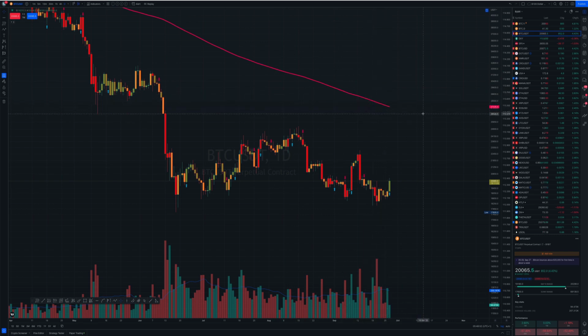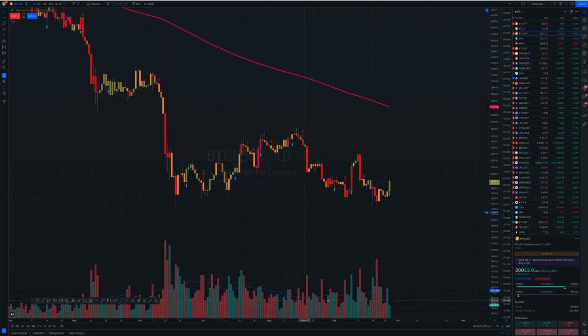Now the candles themselves, I've got another indicator on here which effectively changes the colors of the candles to show me where the high volume is. High volume is where lots of participants are in the market, and they tend to be red, orange candles. When there's lower participation, the candles turn green, then down to blue, where there's very low volume.